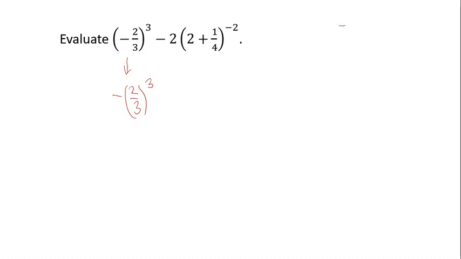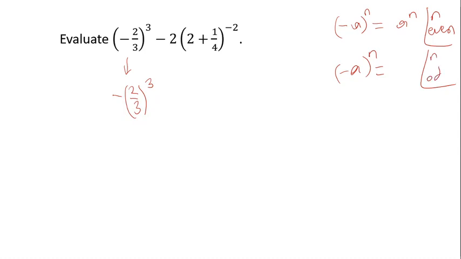Because if you have some number a to the n, and if n is even, then it's positive, and if we have an odd n, then it's negative a to the n.